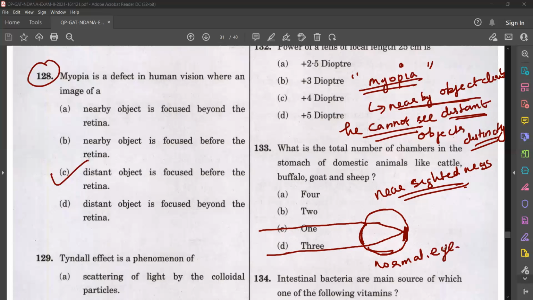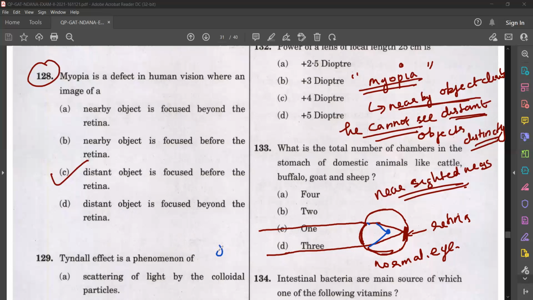But in case of a myopic eye, the image will be formed in front of the retina, or before the retina.